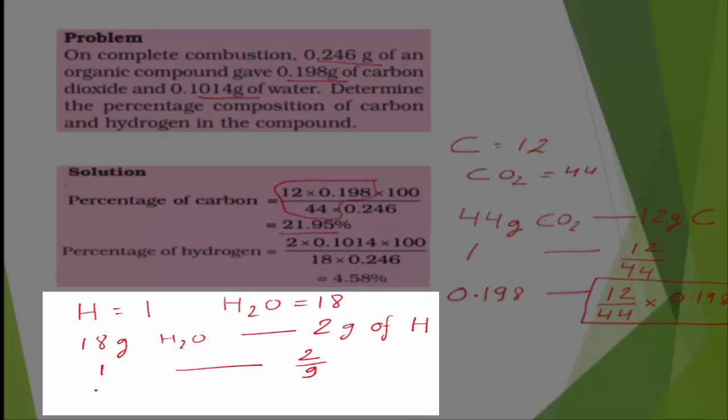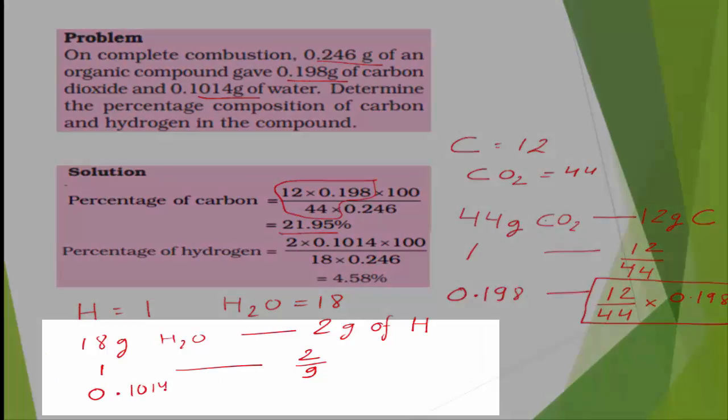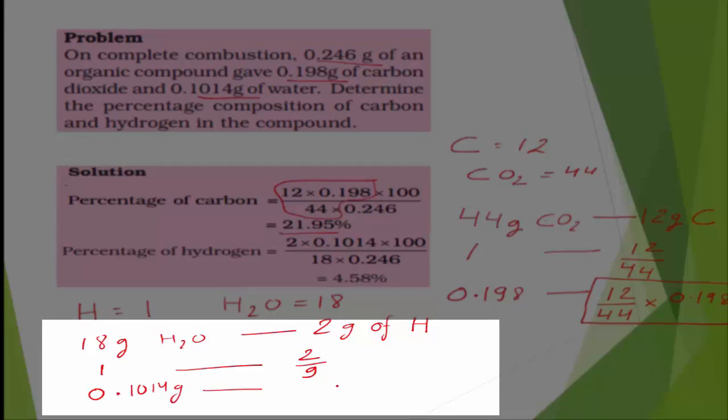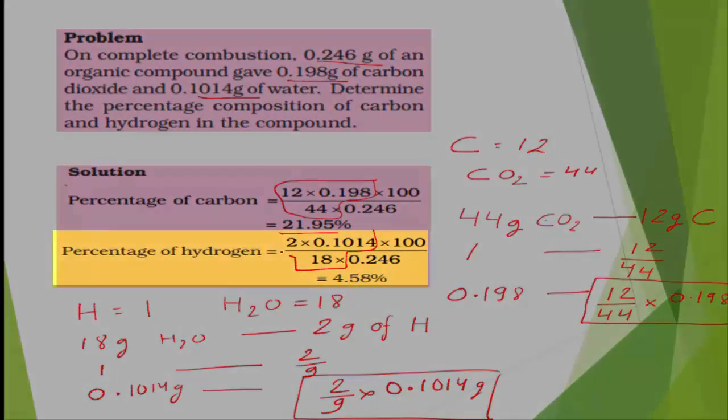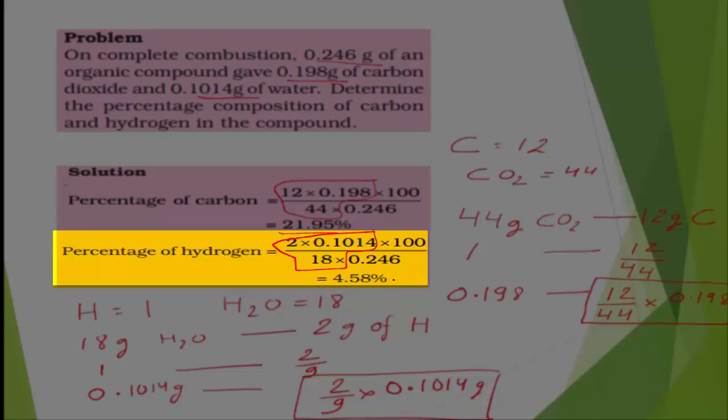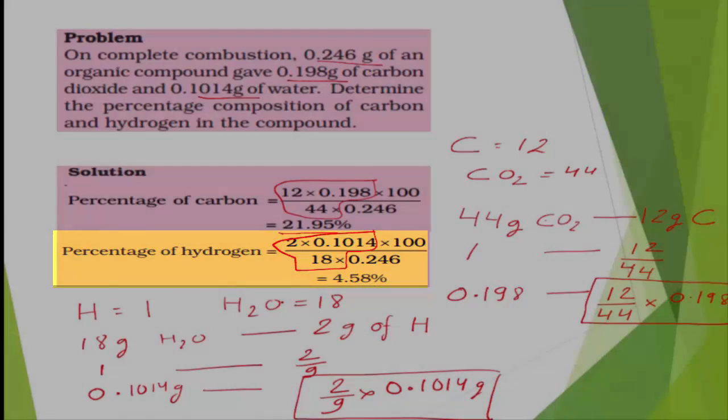Similarly, in 0.1014 gram it will be 2 by 18 into 0.1014 gram of hydrogen. So this much is the weight of hydrogen. Now divide this number with the amount of sample and then multiply by 100 to get the result. This is what we have done here. And finally we got 4.58%. Clear? So let's see the next problem.